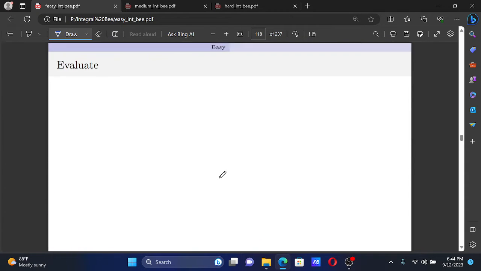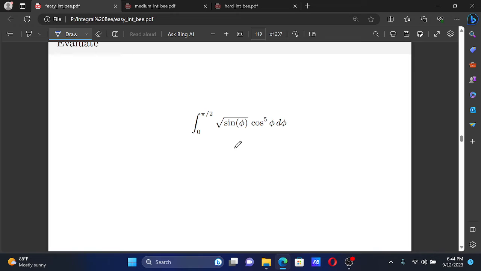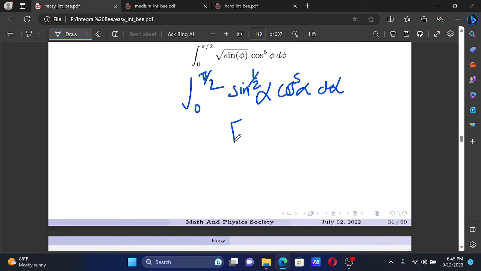Let's do the next one. For this one, you can use the beta function. It's the integral from 0 to pi by 2 of sine of 1 by 2 alpha cos of 5 alpha d alpha. Now if it's the beta function, it's 1 by 2 plus 1, that's 3 by 2. Beta of 3 by 4, comma 6 by 2, 3 by 2.